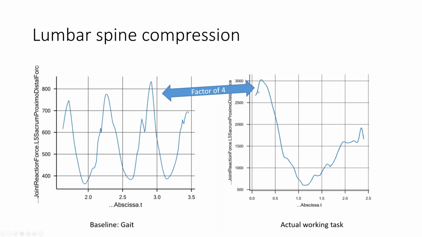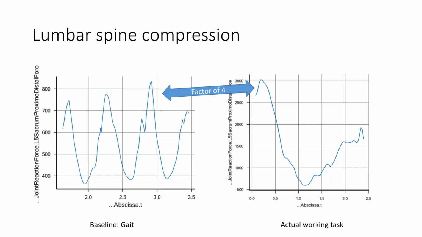In this case, it's between L5 and the sacrum. But it's quite similar for the other lumbar vertebrae as well. So you can see in this case, it's a factor of 4 higher for the lifting task than it is for normal gait. So this would probably also be a place to beware of whether there could be injuries forming in the body if you were to do this working task all day for a long life. Then this would be a point of focus, I would say.